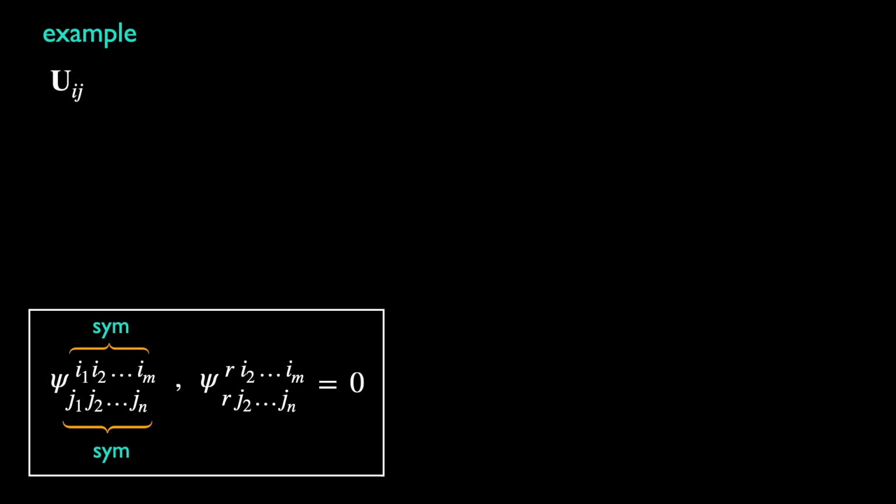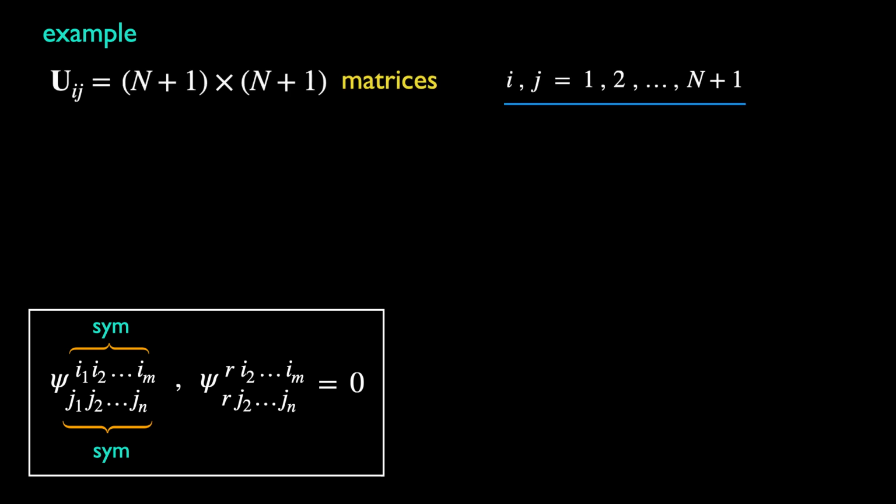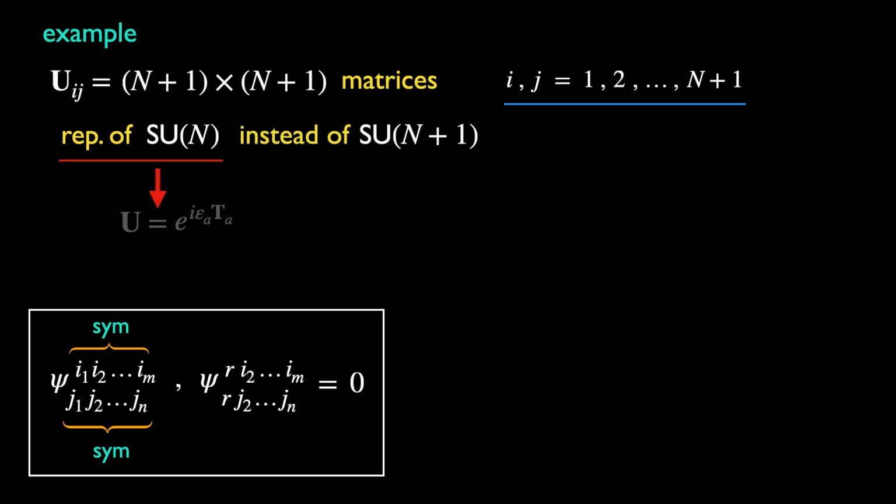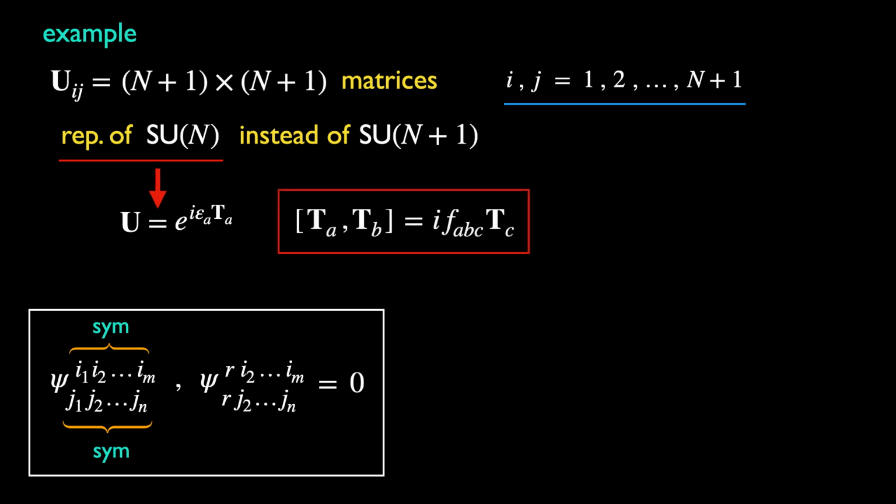Suppose U is instead an (n+1) by (n+1) unitary matrix, and all indices ran from 1 to n+1. Let U be a representation of SU(N) instead of SU(N+1). This means its generators must satisfy the SU(N) algebra, and there are altogether n squared minus 1 generators.